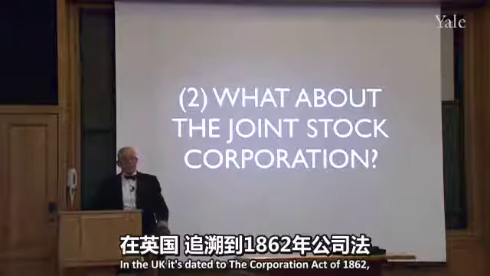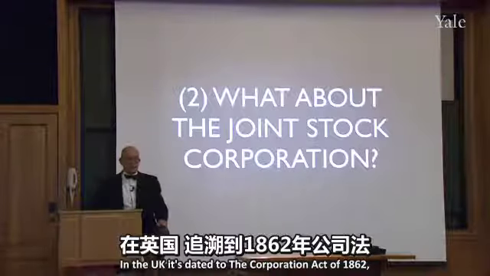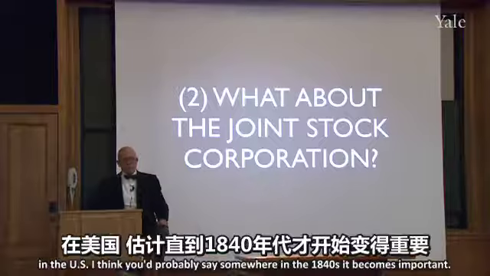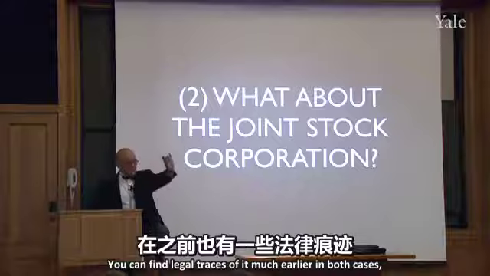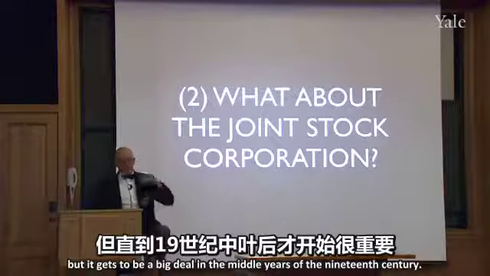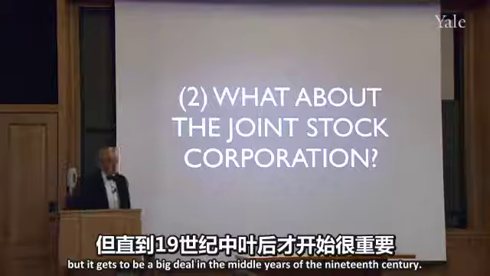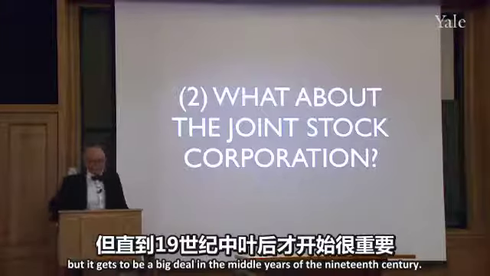In the UK, it's dated to the Corporation Act of 1862. In the US, I think you'd probably say somewhere in the 1840s it becomes important. You can find legal traces of it much earlier in both cases, but it gets to be a big deal in the middle years of the 19th century.